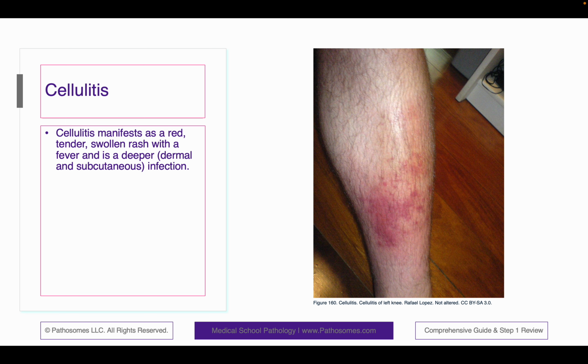Now, cellulitis. Cellulitis manifests as a red, tender, swollen rash with a fever and is a deeper dermal and subcutaneous infection.